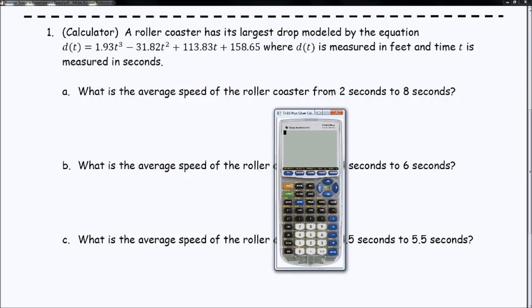Let's first go to our y equals screen and plug our function into y1. So I have 1.93 t to the third.